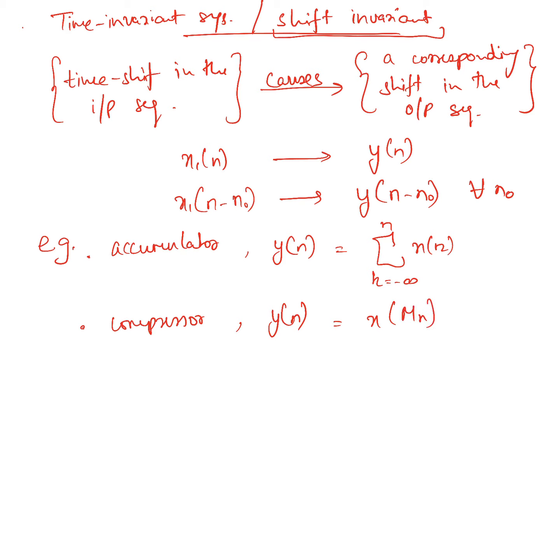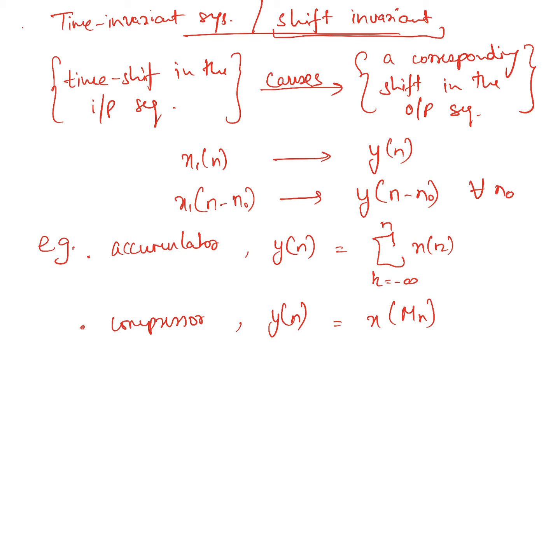Okay, so among these two types of system, try to think about whether both of the systems are shift invariant, or both of them are not shift invariant. If you apply the above property, you can check by yourself.